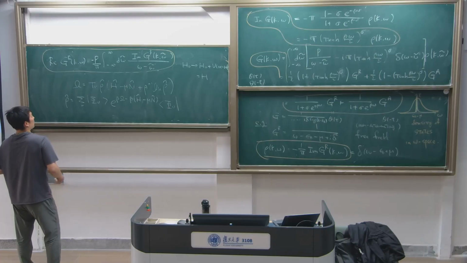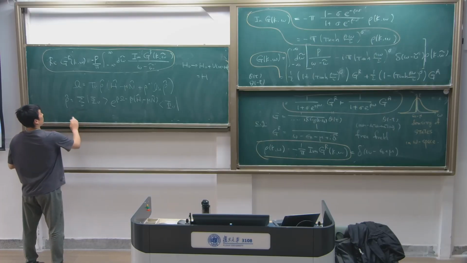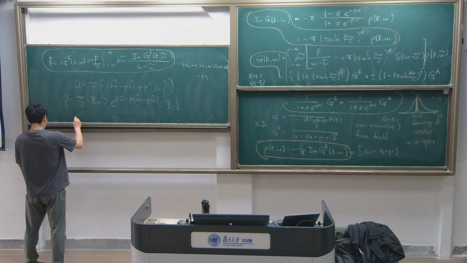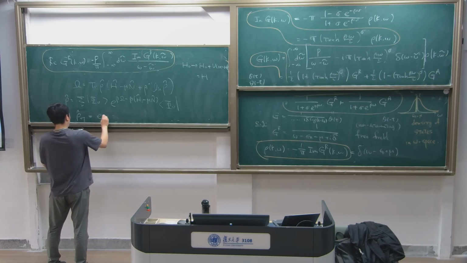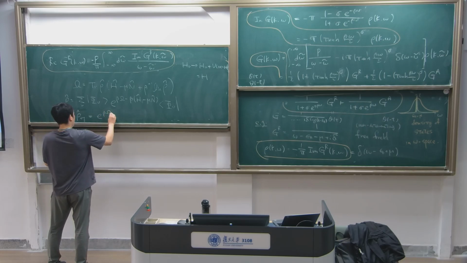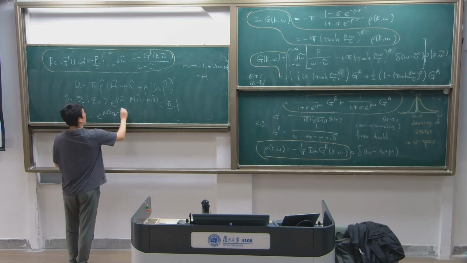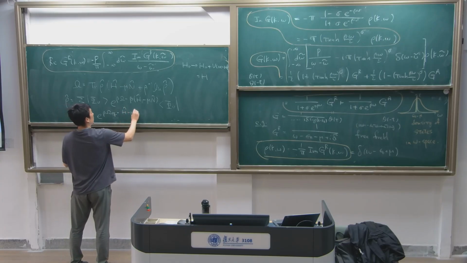The important thing is that if you consider equilibrium, rho_eq is given by e to the beta (Omega_eq minus H plus mu N).